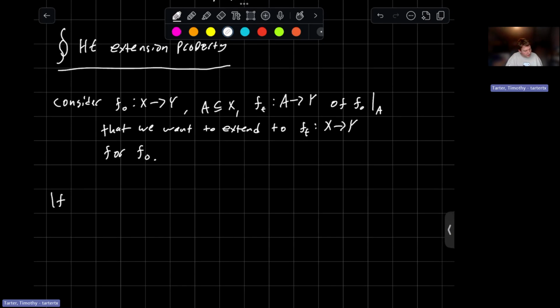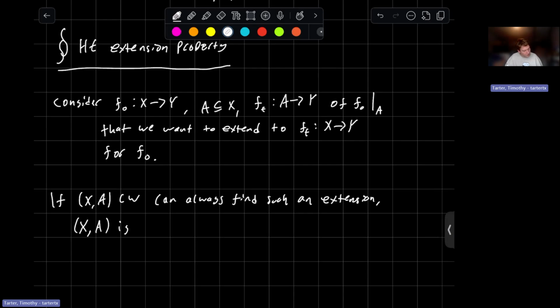If the CW pair (X, A) is such that the extension problem can always be solved, can always find such an extension, then (X, A) has the homotopy extension property.